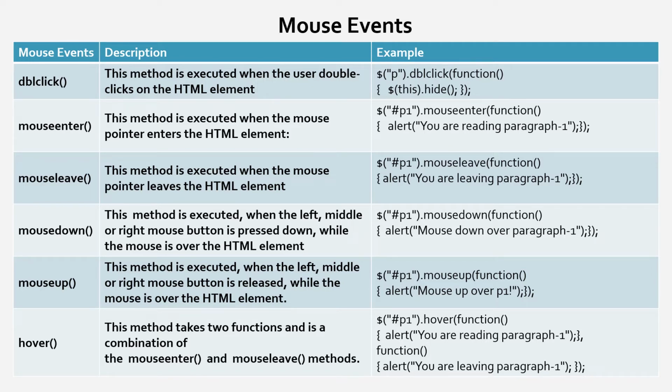The moment you position the mouse there, you will get, you are reading the paragraph. If you try to leave the mouse from there, you will get an alert that you are leaving the paragraph, like that way. Okay, this is about mouse event functions.